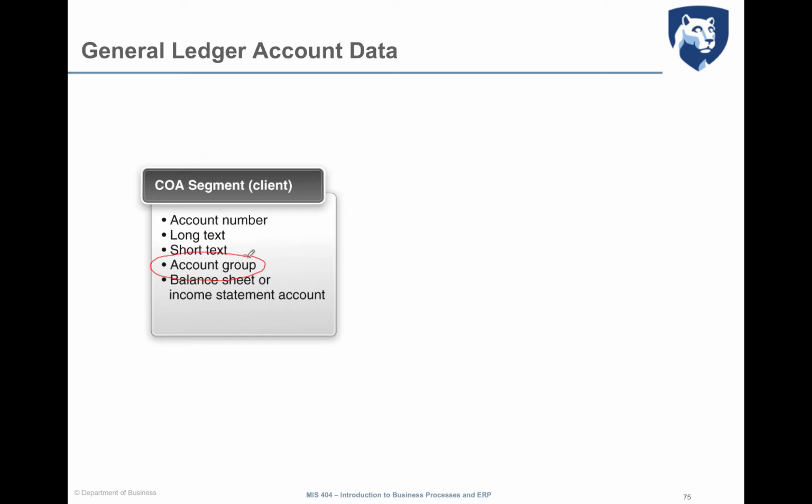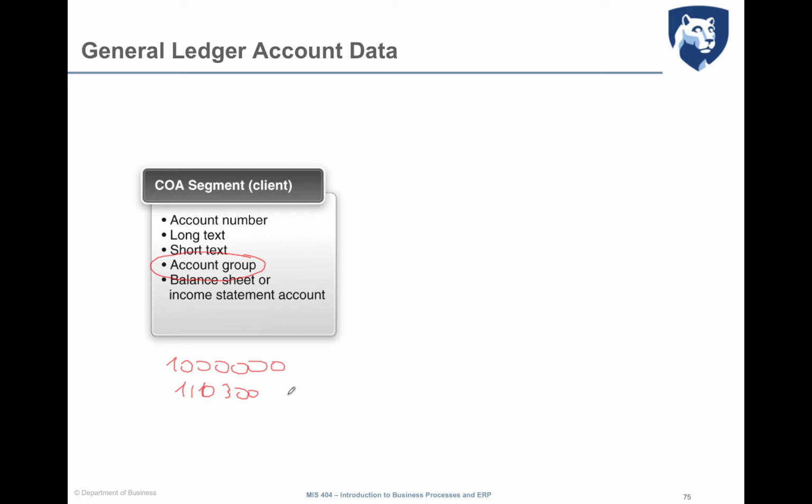For example, the liquid assets that we recalled some minutes ago are, in SAP ERP, located between 100,000 and 110,300. So liquid assets fall within the scope of 100,000 and 110,300.